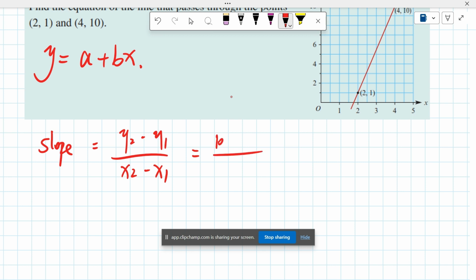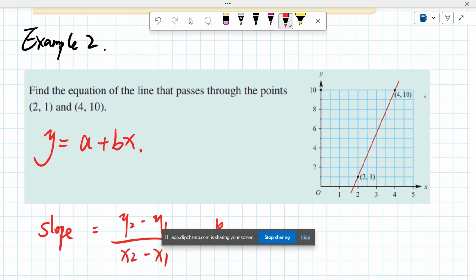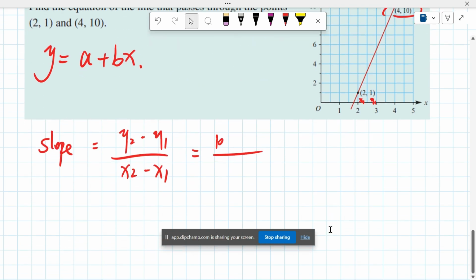Normally the point on the right is called x2, y2, and this point is x1, y1. So now we have 10 minus 1 over 4 minus 2, which is 9 on top and 2 on the bottom, so that equals 4.5.